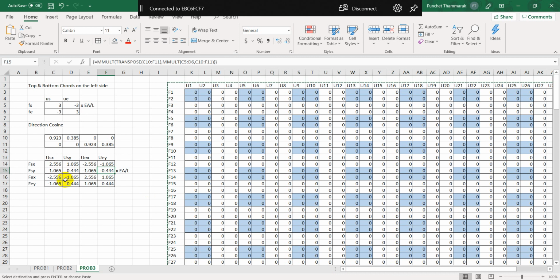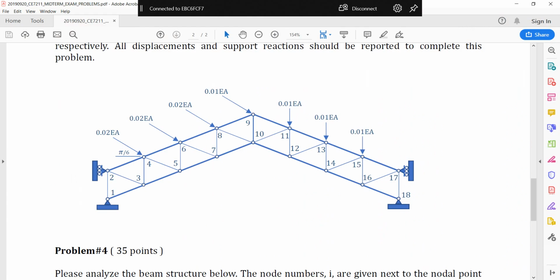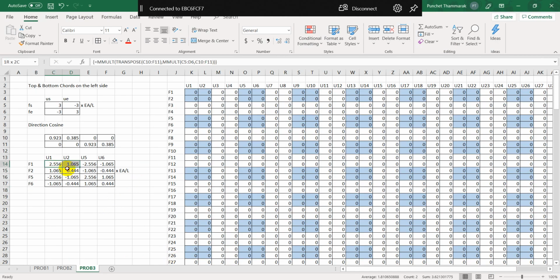So first of all, this is going to be U1, U2, and U5, U6, right? Just to show you F1, F2, F5, F6. That's because 1, 2, and here is 5, 6. So copy 1, 2.